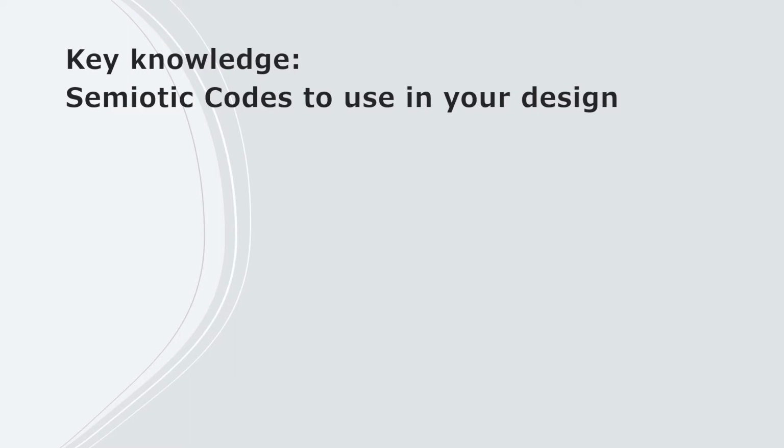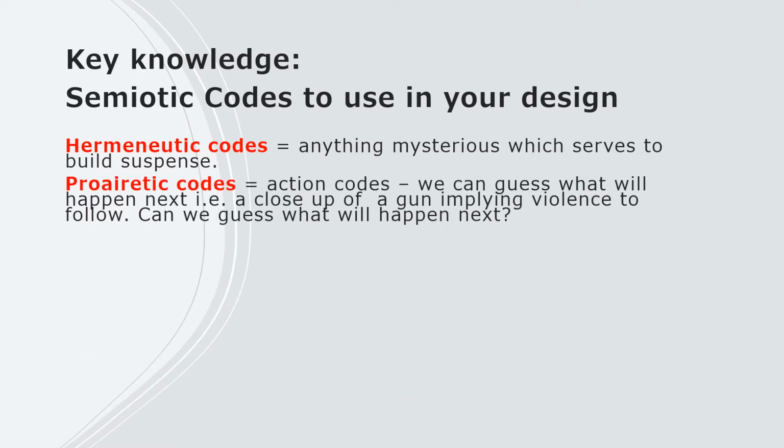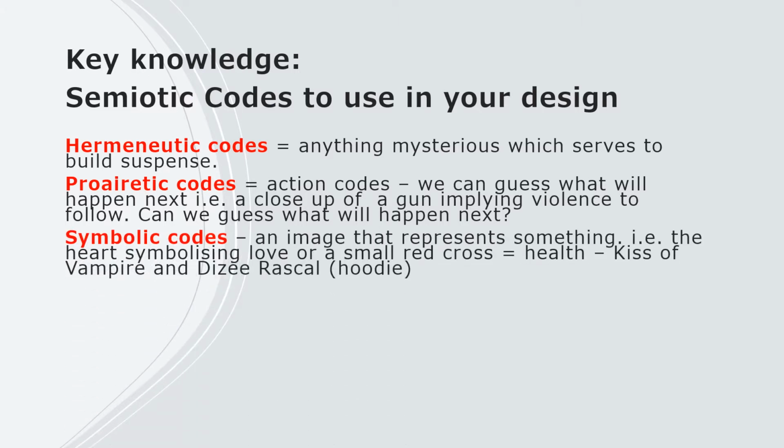Let's take a look then and recap the semiotic codes to use in your design. You've got your hermeneutic codes, which is anything mysterious, which serves to build suspense. The poetic codes, which are action codes, which suggest something will happen in the future. Your symbolic codes, where images represent something more than the object itself.